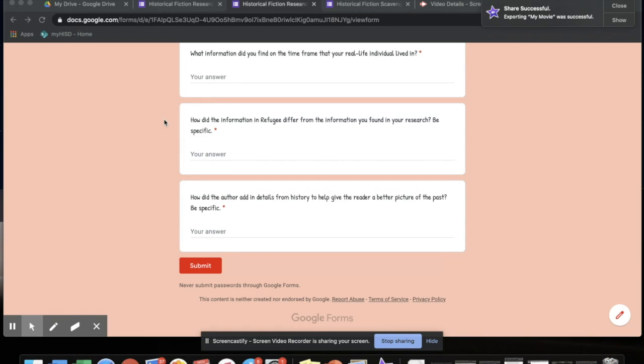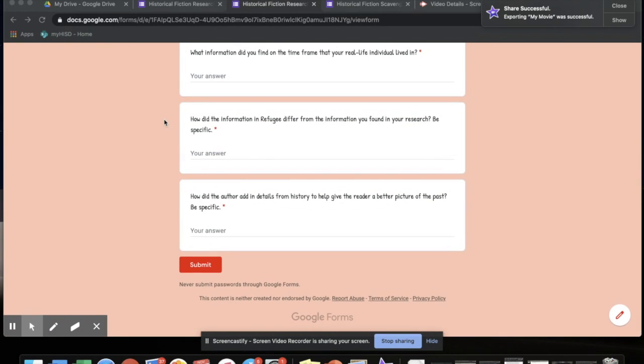What I'm trying to get them at is because they are on a 7th grade level, they tend to not go into as much detail. Some of the gory stuff isn't put in there. So Refugee, yes, while it touches base on World War II and Nazi Germany, there's not nearly the same amount of information that you would find in a nonfiction text.